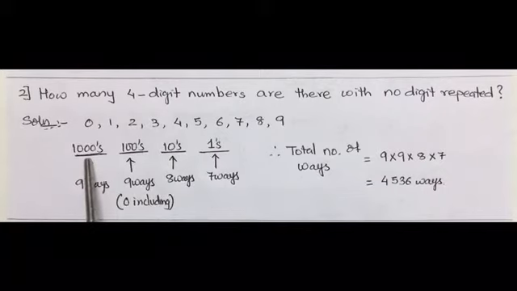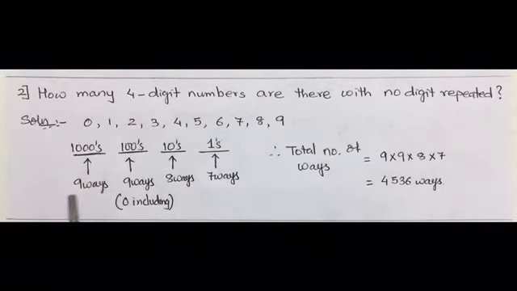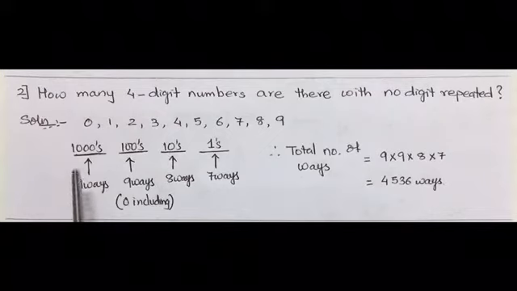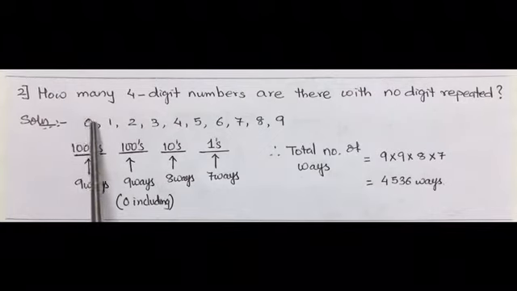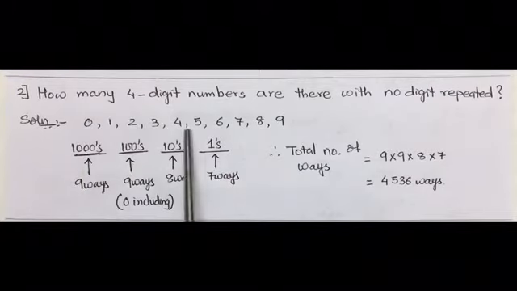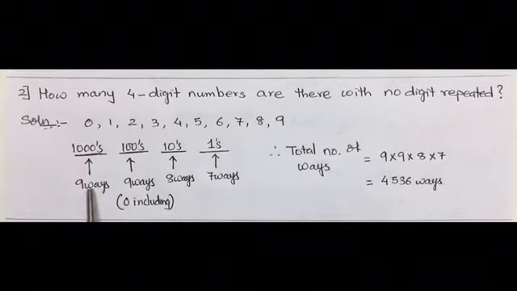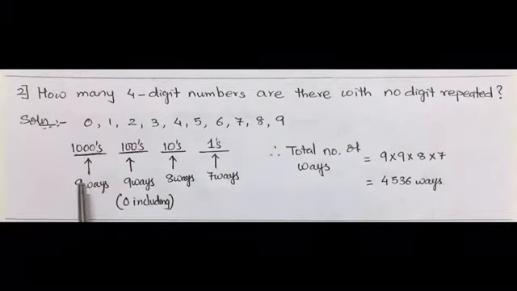First place is the thousands place, and if a 4-digit number is to be made, then the first place 0 cannot occupy. So if we exclude 0, then we have total 9 options. From 1 to 9, there will be 9 ways the first place can be arranged.